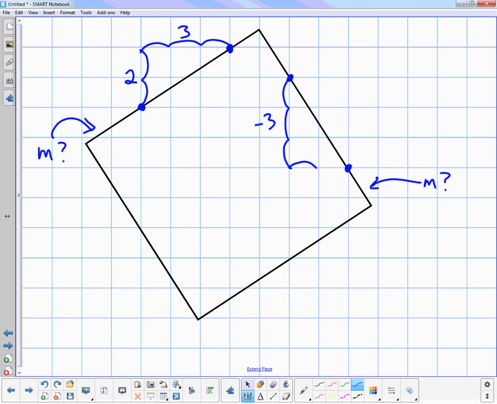You can do it either way you want. I always go from left to right. I do rise and then I do run. So which one is it? Is it 3 over 2 or 2 over 3? Rise over run, people. Rise over run, right? Good?